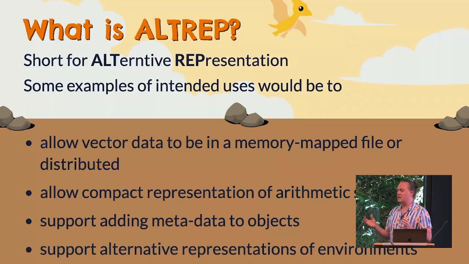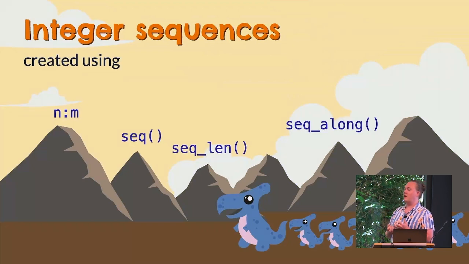And it has a lot of different use cases I sadly don't have time to talk about, but I'll talk about the first one that really links to it, which is the idea of an integer sequence. So we've all been making them. If you have a for loop, anything else, it's a sequence from one integer value to another integer value. And this uses ALTREP under the hood.